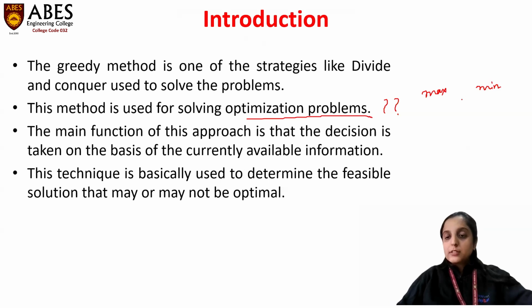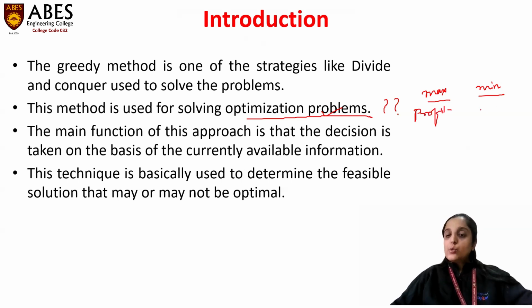See, the topic is greedy, and greedy means lalchi. So as a lalchi person, if you want to achieve something maximum at the end or something minimum at the end, that is an optimization problem. For example, if I ask you to earn maximum profit, then this is your greedy algorithm.